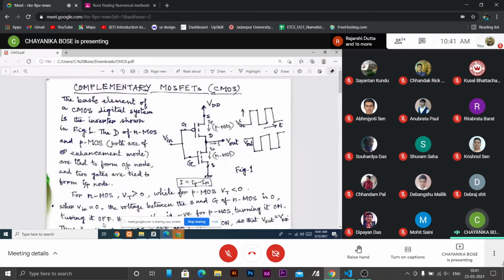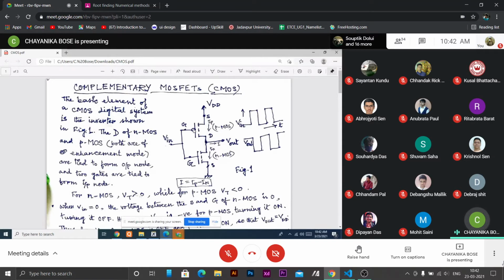Going further back, its source is permanently connected to VDD, the supply voltage, this one. So if we apply VDD here, the gate to source voltage will be 0, so it will not conduct. So VDD is 10 volt, and when the gate is at 10 volt, the switch will remain off.